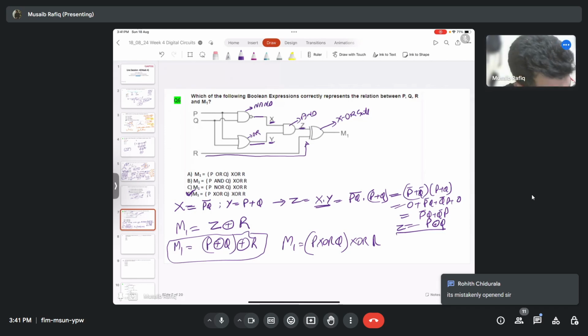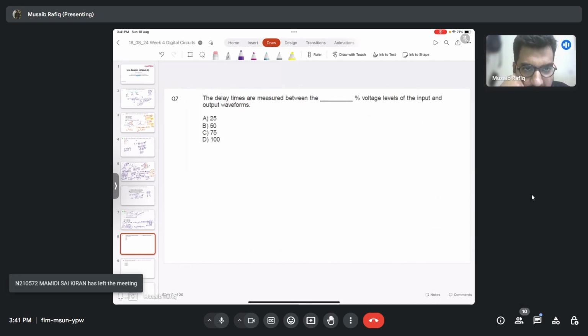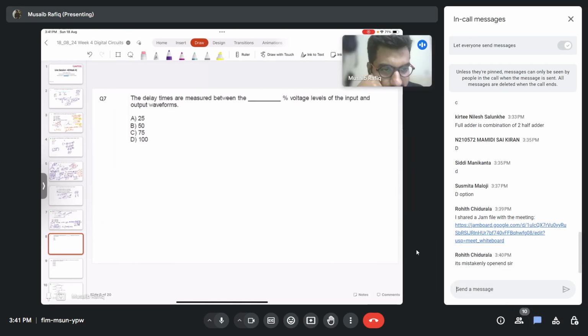No worries. Now I have this question. The delay times are measured between dash percentage levels of the input and output waveforms. What is the correct answer? I think all of you should know this. At what percentage levels of the output is my delay measured between input and output?